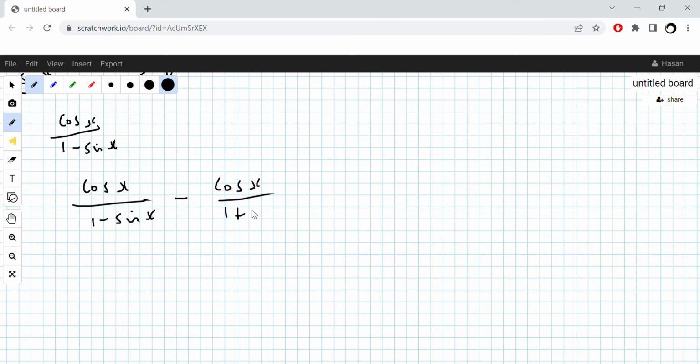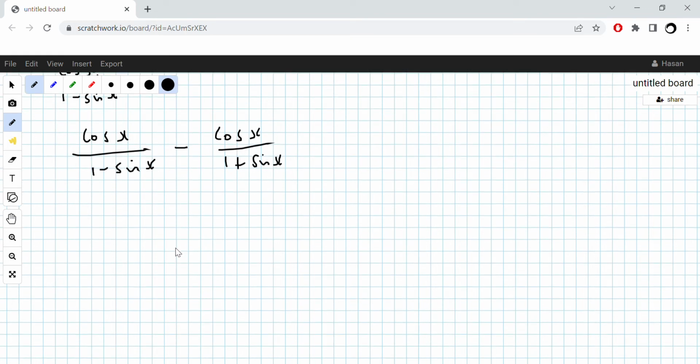We're going to have to use our knowledge of subtracting fractions, and that's we're going to times these two together, top left, bottom right. So we're going to have cos x times 1 plus sine x, and we're going to times the bottom two together, 1 minus sine x, 1 plus sine x.